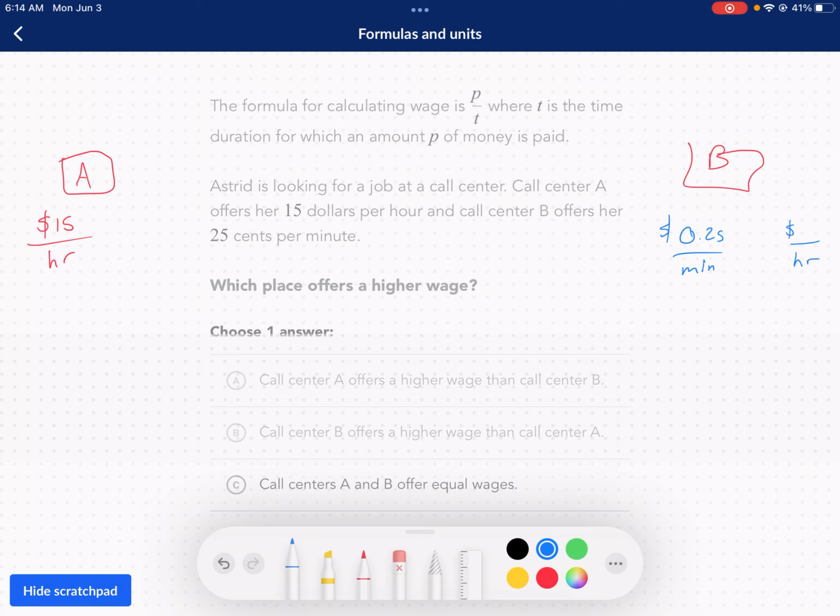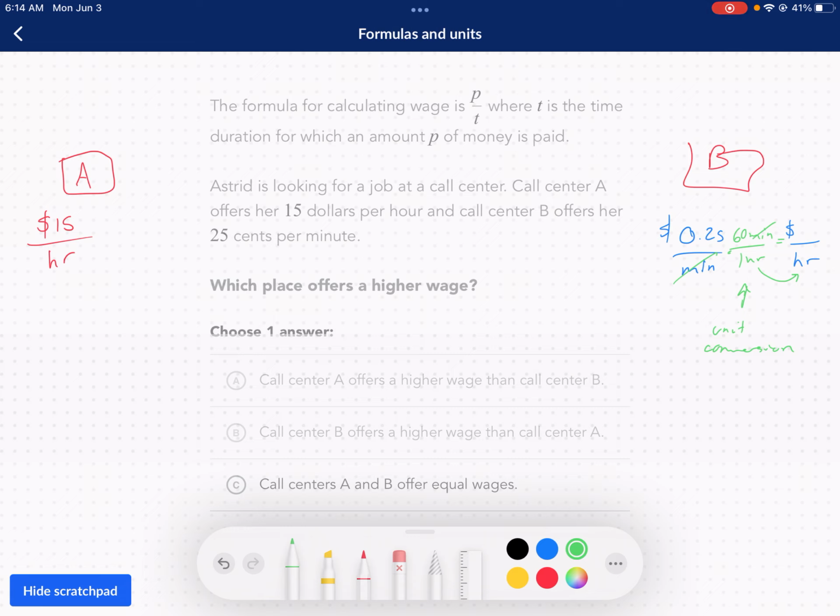So the one thing that we need to change is we need to change this minutes by canceling minutes on the top. So we know that there's 60 minutes in 1 hour. So that's our unit conversion rate. So once we have our unit conversion, we are able to multiply, the minutes cancel, that's the whole point, and we're going to be left with hours in the bottom.